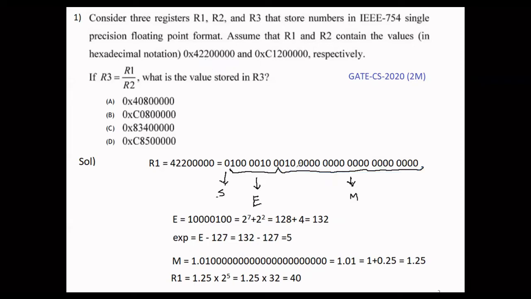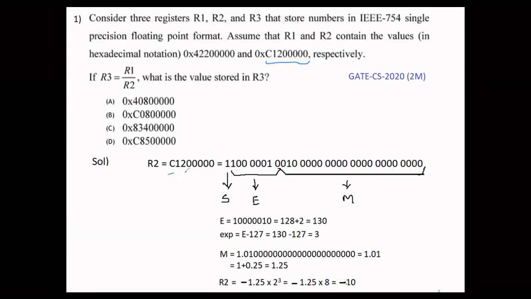Now with the same procedure, we find the R2 decimal equivalent. Here R2 is C1200000. Now C is 1100, 1 is 0001, and 2 is 0010, and the remaining are all zeros. This is a 32-bit floating point number.